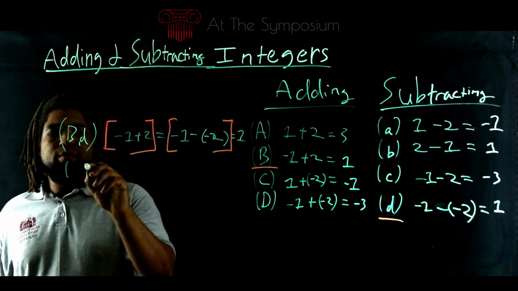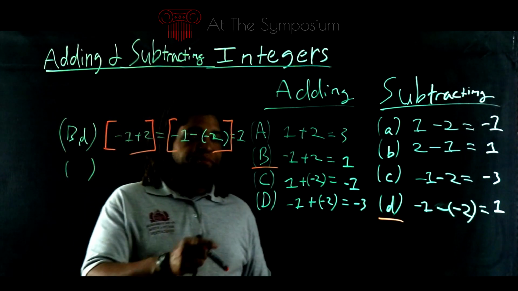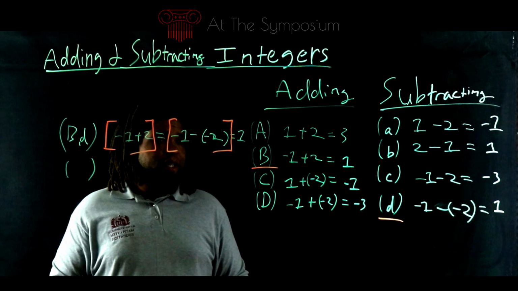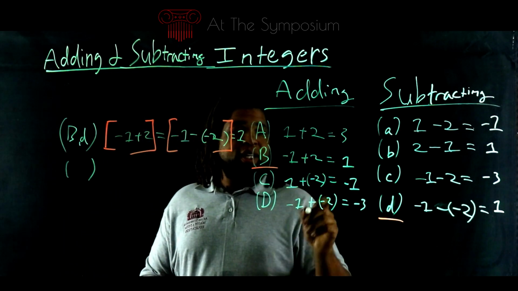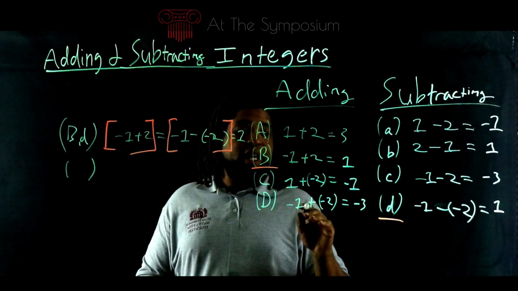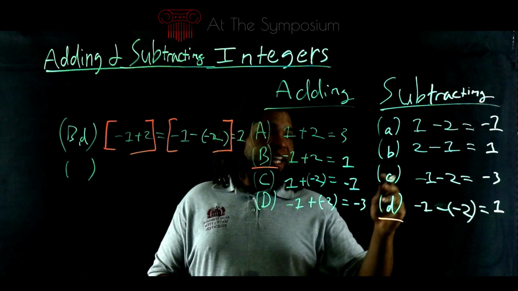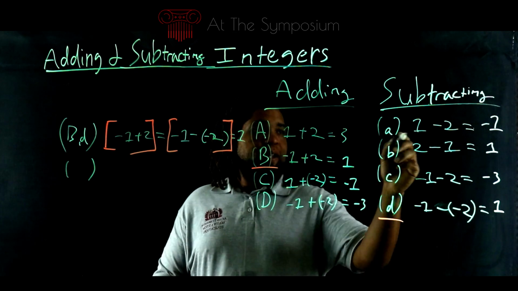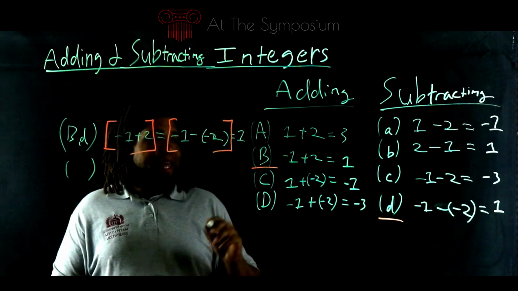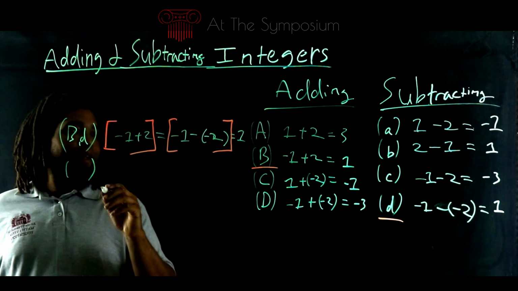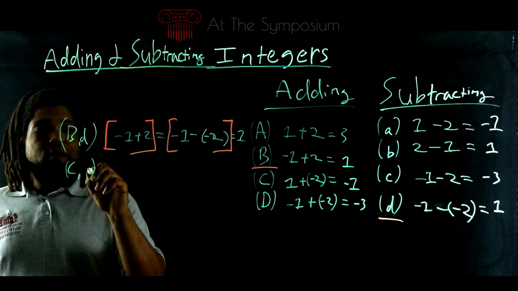Let's see if we have another one that's the same. Let's look at C. C, 1 plus negative 2 equals negative 1. Is there something that gives us negative 1 on the subtraction side? There is. That's lowercase a. So let's say uppercase C, lowercase a.